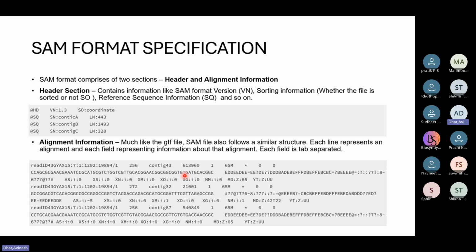So that's the information. And the final line, just like the attribute column, these lines represent some additional information about my alignment.